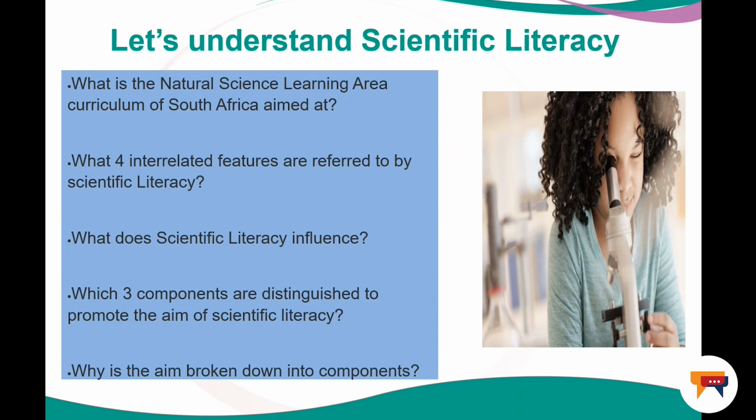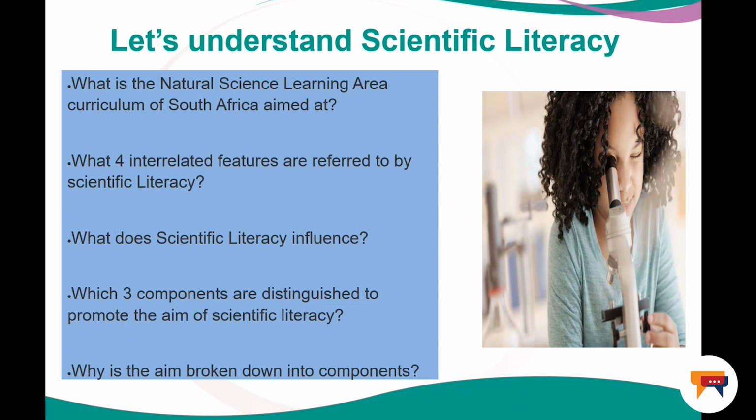So remember, when you're going through your Learning Unit 1, you will see there are four interrelated features that they talk about: scientific knowledge and the use of that knowledge to identify questions, acquire new knowledge, explain scientific phenomena, and draw evidence-based conclusions about science-related issues; and also understanding the characteristic features of science as a form of human knowledge and inquiry.